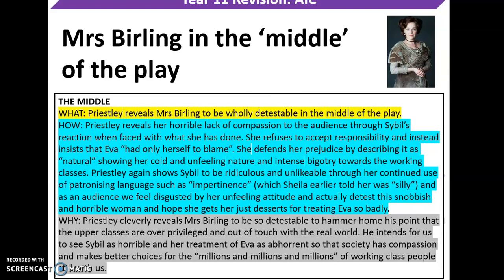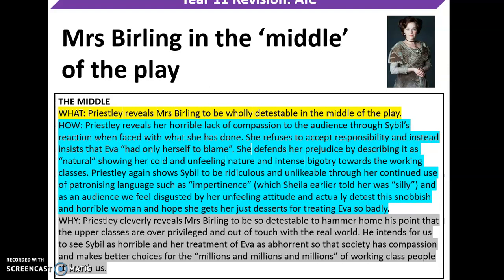Priestley reveals Mrs Birling to be wholly detestable in the middle of the play. Priestley reveals her horrible lack of compassion to the audience through Sybil's reaction when faced with what she's done. She refuses to accept responsibility and instead insists that Eva had only herself to blame. She defends her prejudice by describing it as natural, showing her cold and unfeeling nature and intense bigotry towards the working classes.